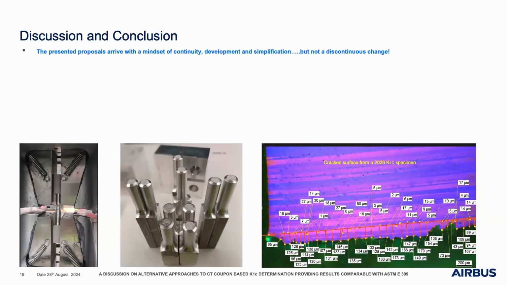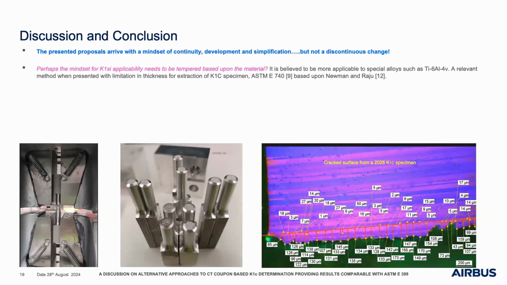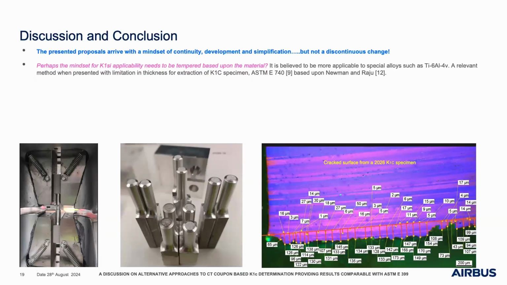The presented proposals arrive with a mindset of continuity, development and simplification. We are not looking to question existing theory or practice, but we are looking for a mindset change with regard to what could be applied as acceptable quality from a production testing perspective, and also from a future aircraft perspective.